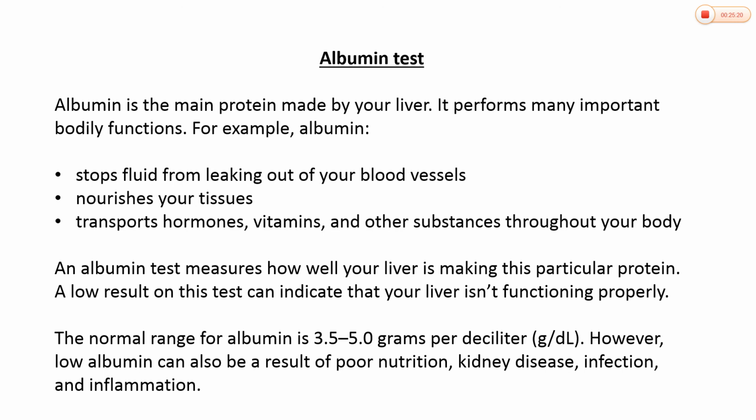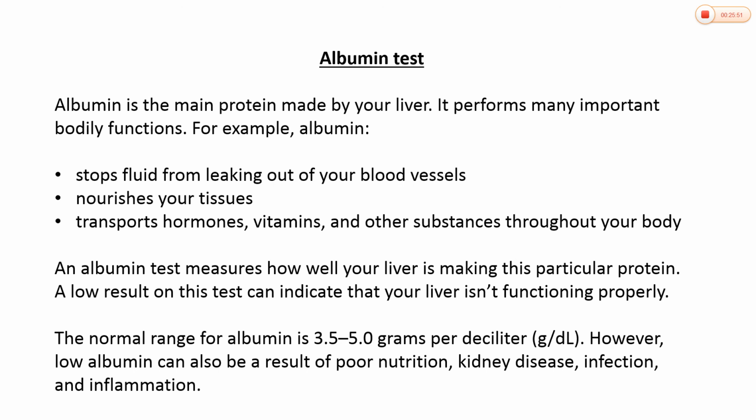Further, albumin is also very important because after hemolysis, the bilirubin is transported with the help of albumin to the liver. Albumin is the main protein made by your liver, and it performs many important functions. Especially, it stops fluid from leaking out of the blood vessels, it nourishes your tissue, and it transports hormones, vitamins, drugs, and other substances through your body.